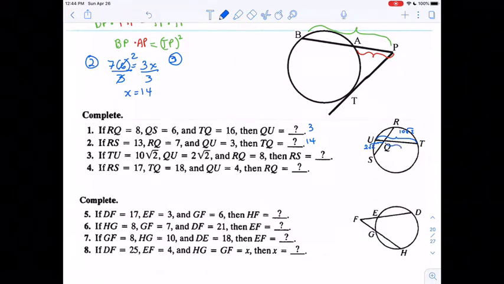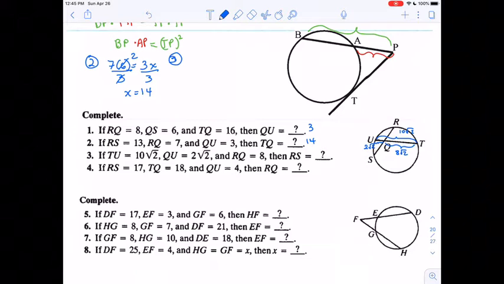Would we know how to figure out what TQ is? If the total is 10 rad 2, a piece of that total is 2 rad 2. I can find the difference. 10 rad 2 minus 2 rad 2 is 8 rad 2. Remember, adding and subtracting like radicals is like adding and subtracting like terms.